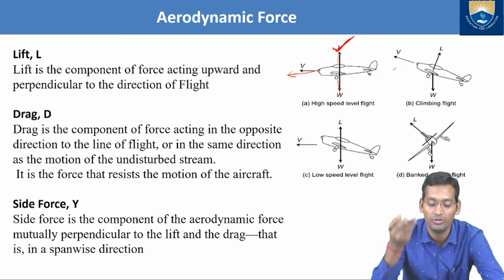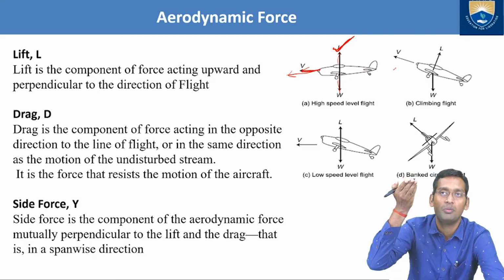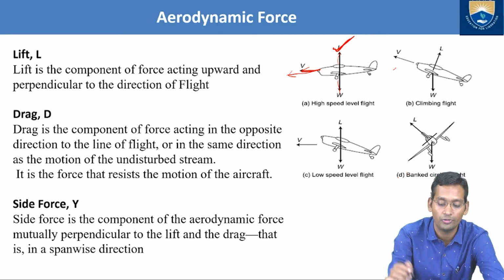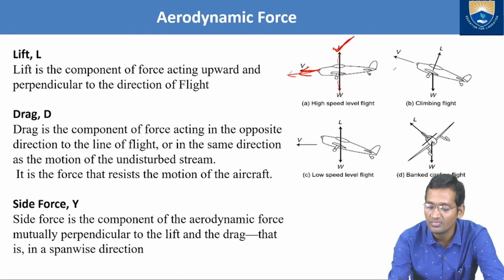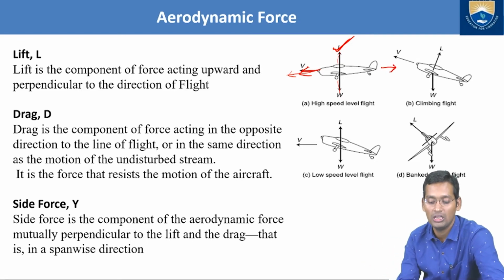Because of this only it's moving in the upward direction. It's not like once the aeroplane moves up because of lift, it will just stand there. It should also move forward. So this force helps in moving forward, that is called the thrust. And one force acting backward, that is called the drag.